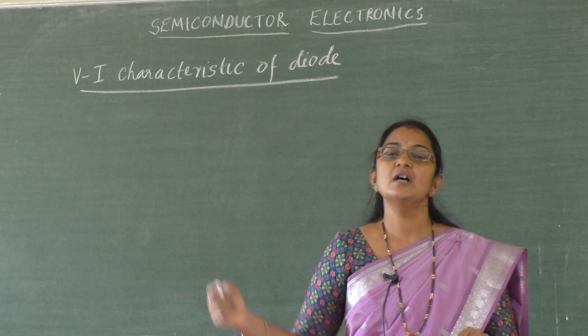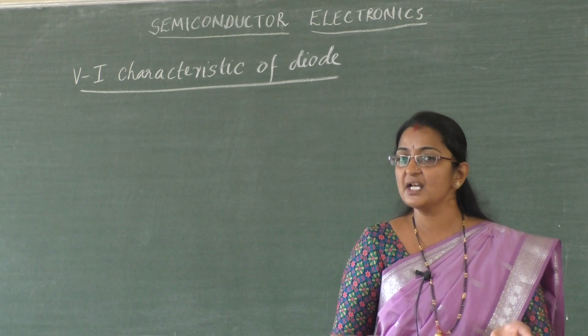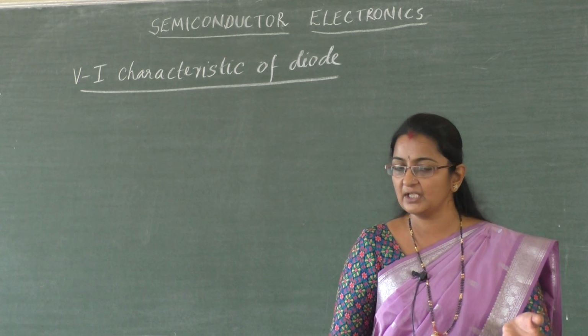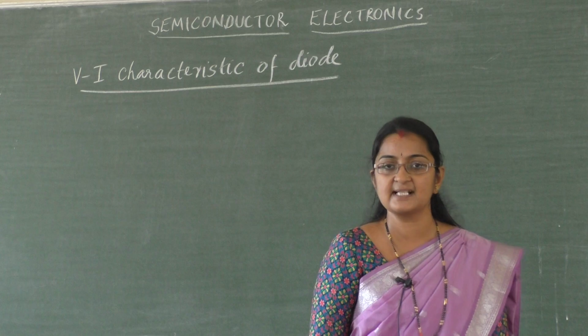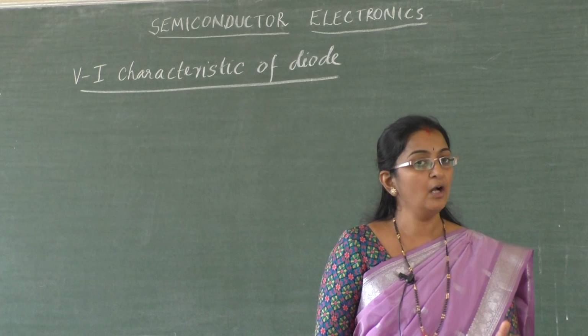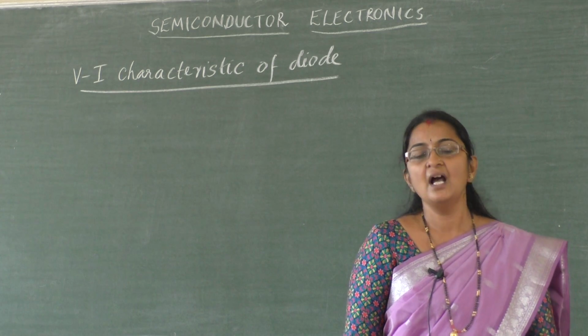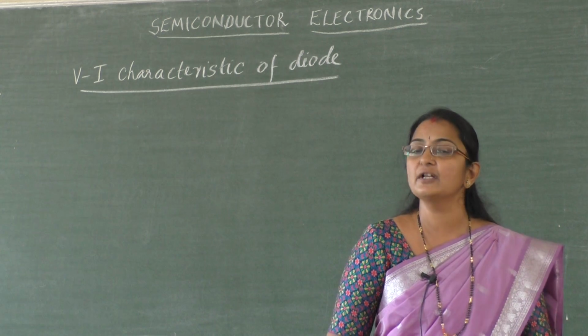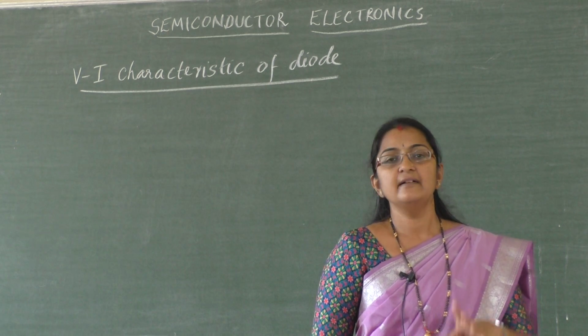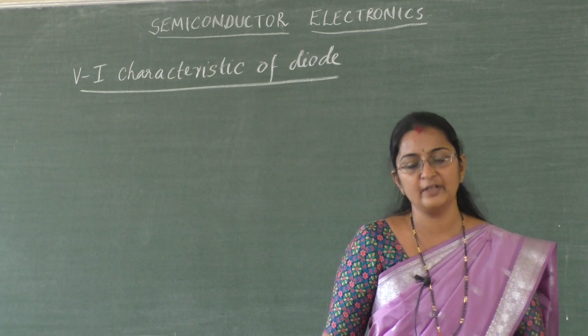As a result, there is more chance for majority charge carriers for conduction, and we say that diode conducts. Here the resistance is very low, of the order of few ohms, and the current flows of the order of few milliampere. And we say that diode conducts in forward bias.